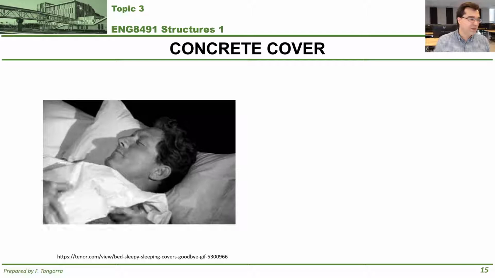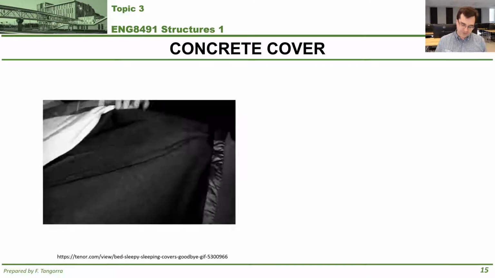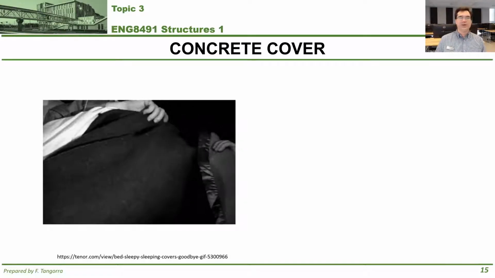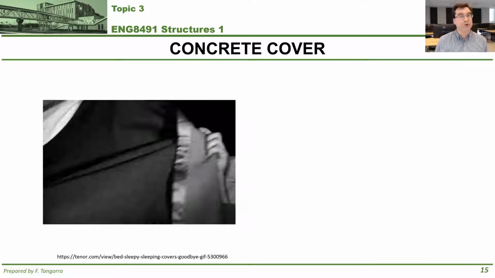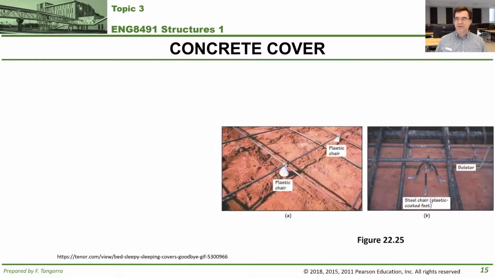What I would like to talk about before wrapping things up is this, concrete cover. And I'm not talking about the action that you do when you're in bed of pulling a blanket or a cover over you, although it is very similar, okay? What I mean by concrete cover is the layer of concrete that covers the steel that is closest to the surface, okay?